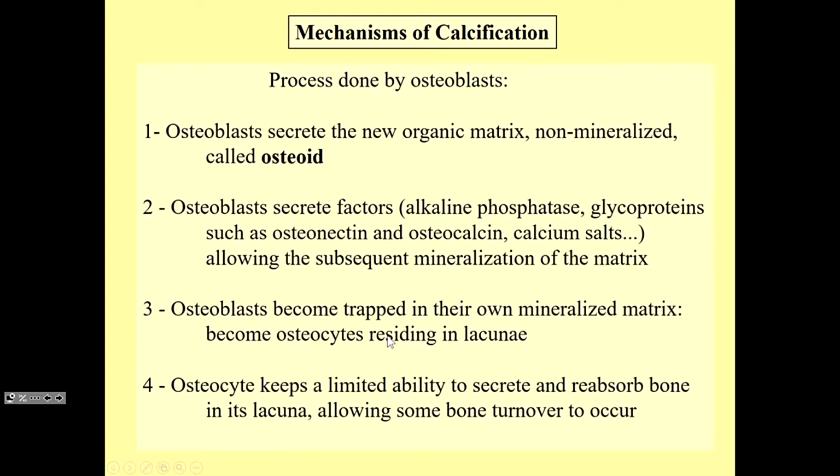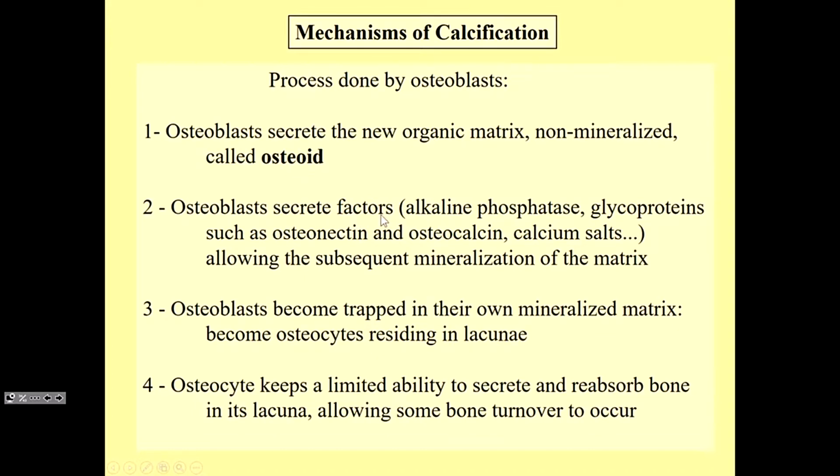Okay, so how do we calcify bone? Well, initially it is done through the osteoblasts. Remember, the blasts formed by differentiation from mesenchymal cells. And the osteoblasts secrete the organic matrix, type 1 collagen, glycosaminoglycans, proteoglycans, which we then recognize as osteoid, that differently stained layer between the osteoblast and the mature bone.